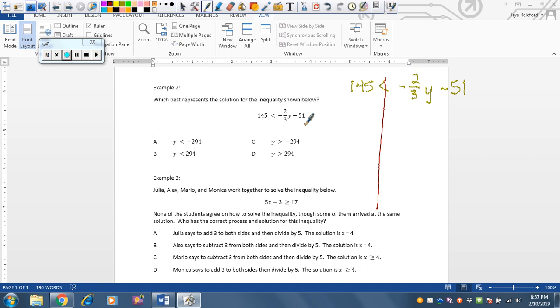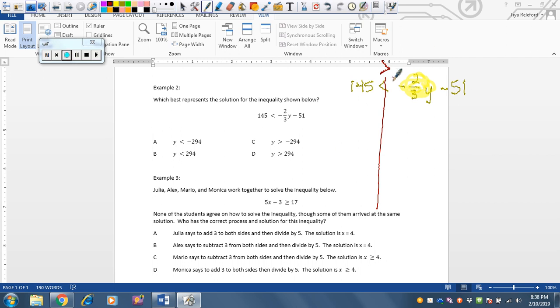Now, right away, is the number in front of my variable, is my coefficient positive or negative? It's negative. So if it's negative, my sign is going to change directions. Not yet, but it will.